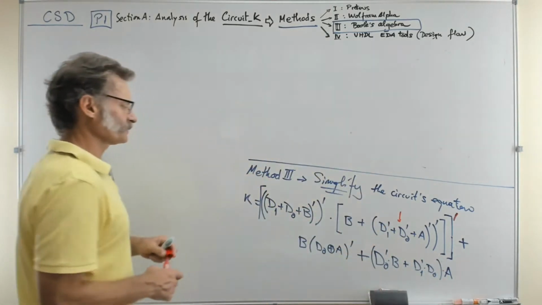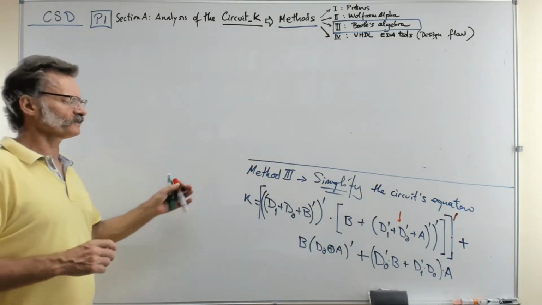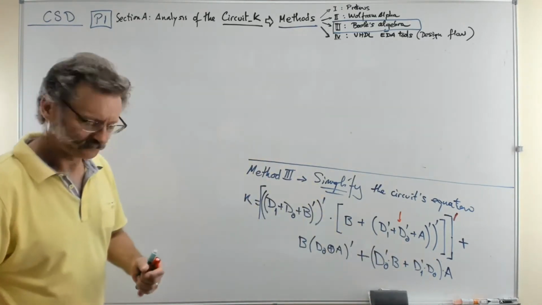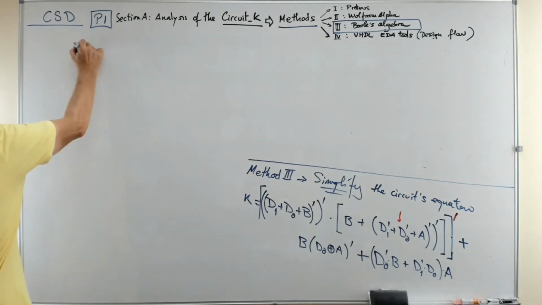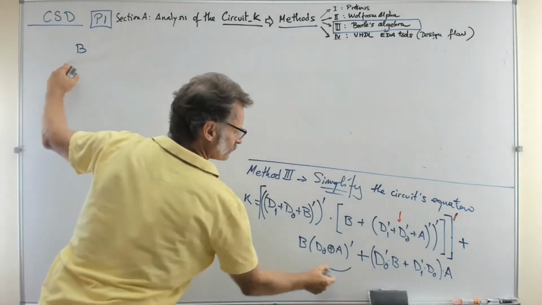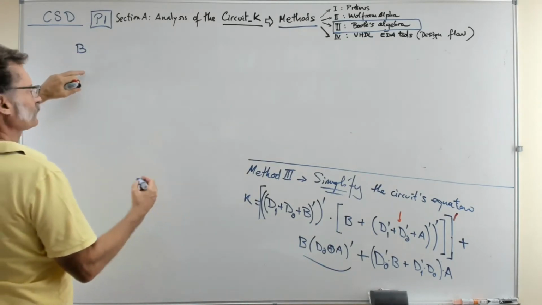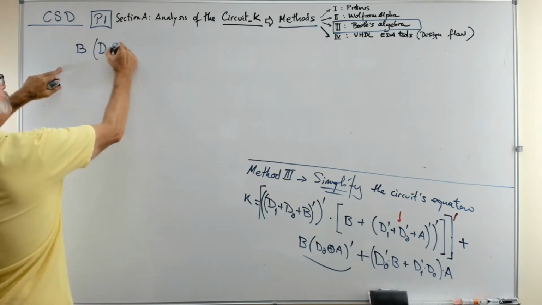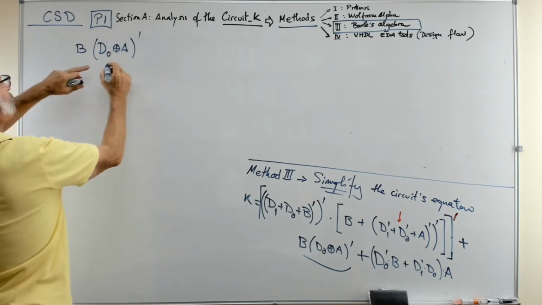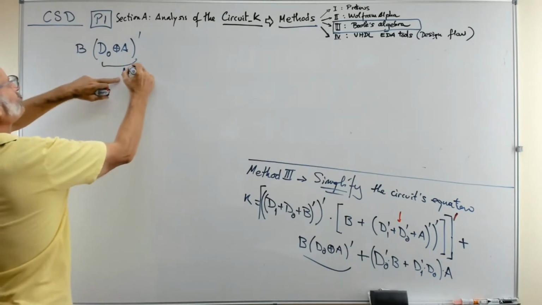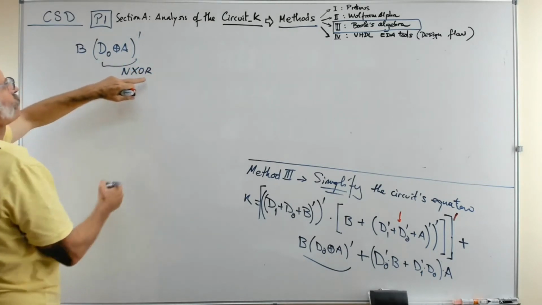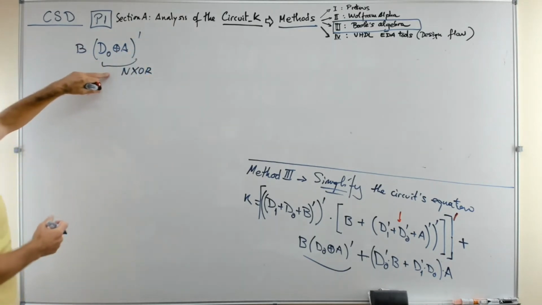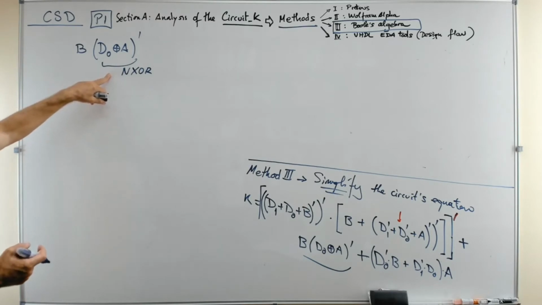So this is the equation, and now it is better for you to go step by step, term by term again. So for example, the term B, let's just start with this one, which looks simpler. So this is B D0 XOR A not. So this is a not exclusive or. So in this way, this is the kind of identity function, the opposite of the XOR.